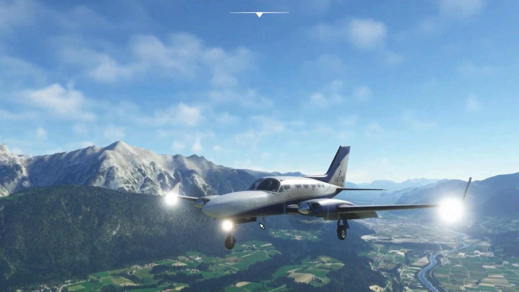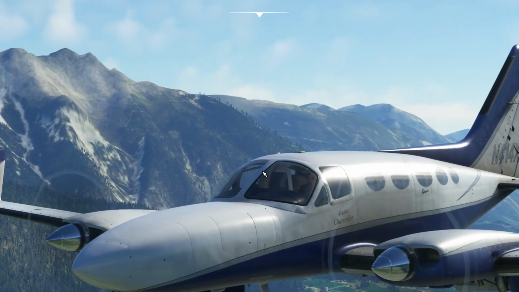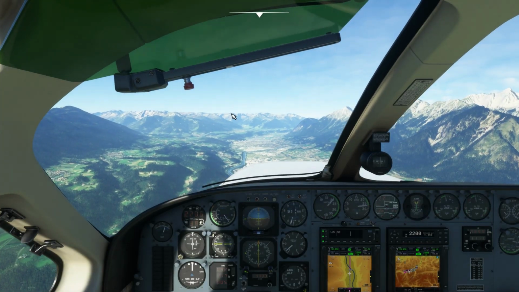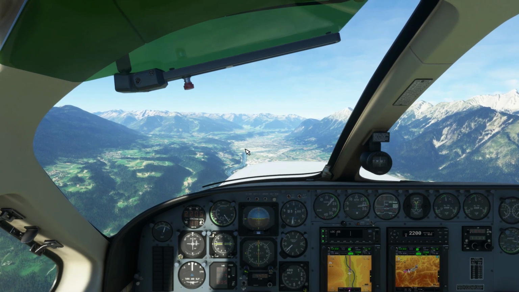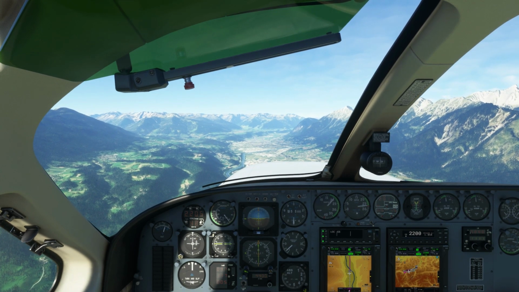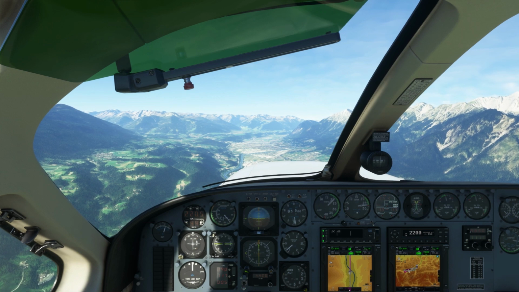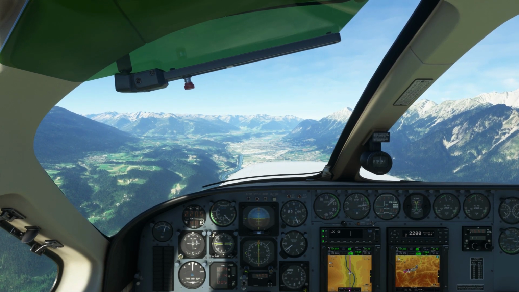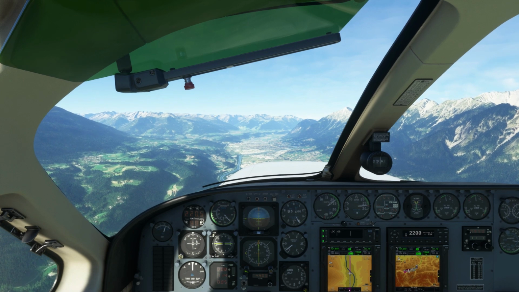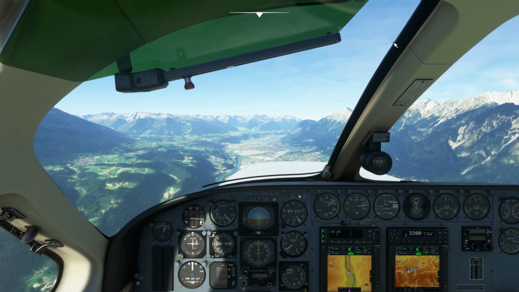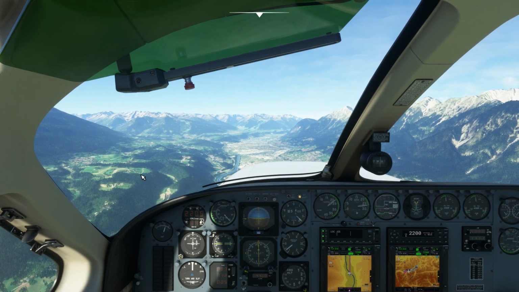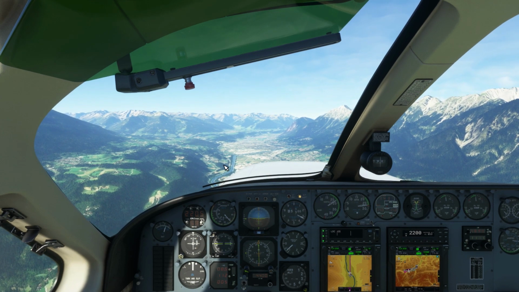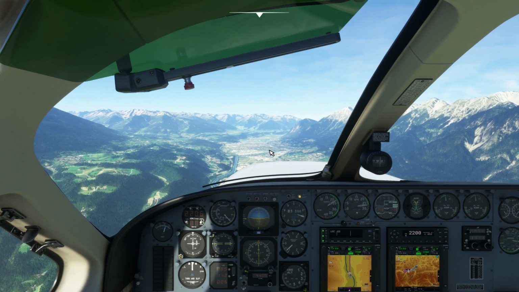Oh, I haven't talked about the windshield, the heated windshield. So the pilot side windshield is heated. Basically it has a de-icing system, being heated by inner heating elements.